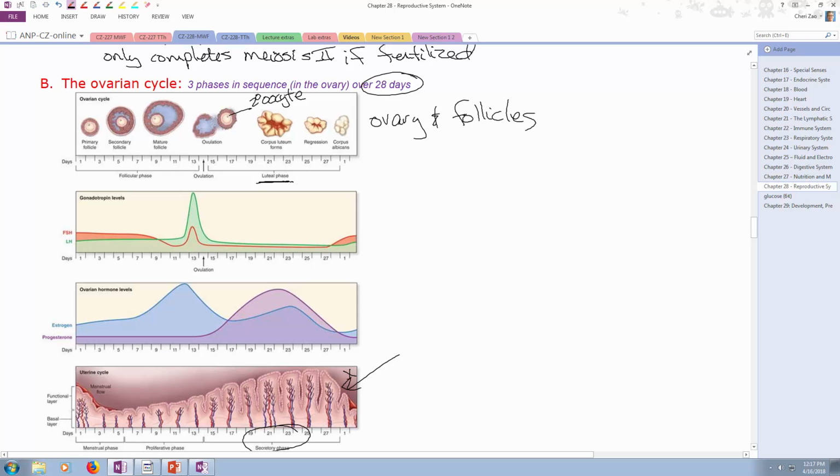A primary follicle is a primary oocyte. And all of those granulosa cells are responsible for making the hormone estrogen. They produce estrogen, and so the peak estrogen levels that you see right down here are all due to that mature follicle.